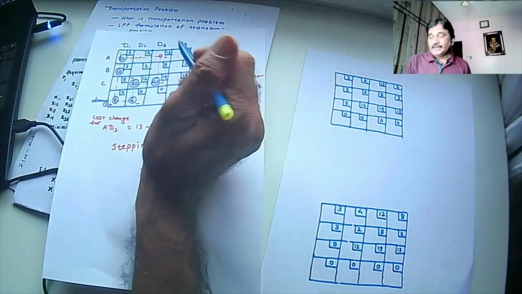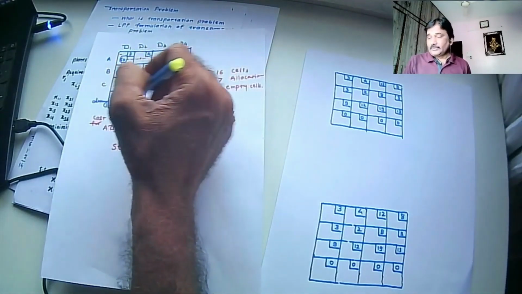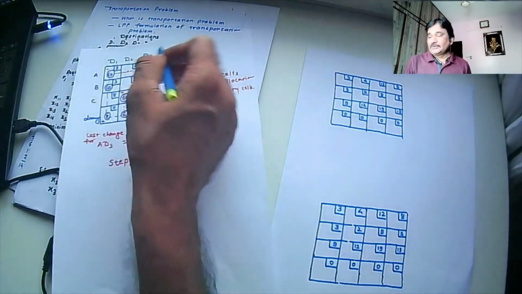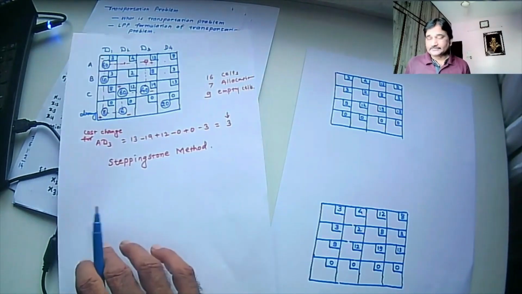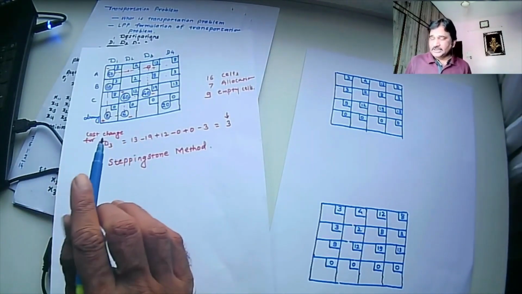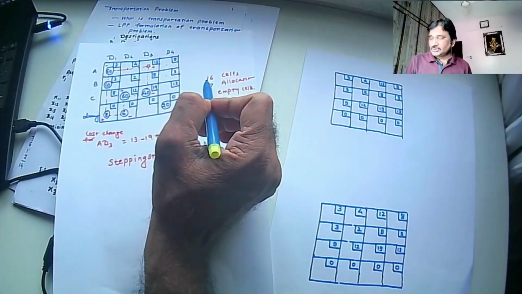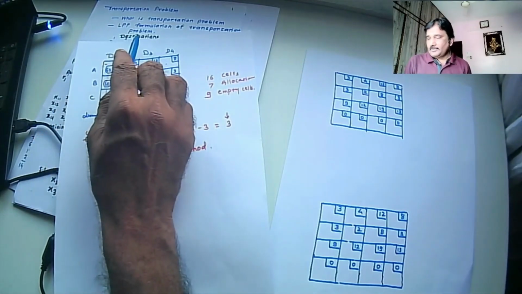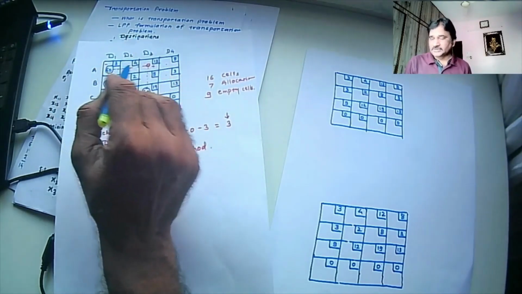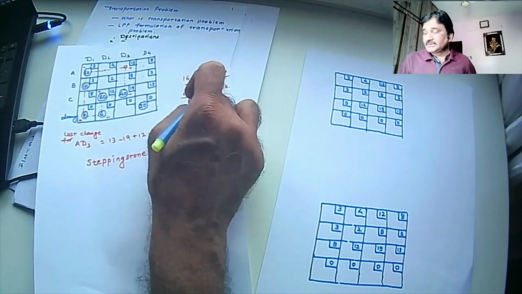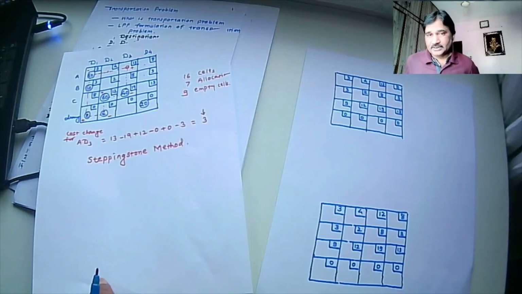What we did there: the total number of cells in this matrix is 4 into 4, that is 16 cells. How many cells should have allocations? The number of cells which should have allocations is m, that is 4, plus n, that is 4, minus 1, so 7 allocations should be there, meaning that out of 16, 9 cells will be empty, right?